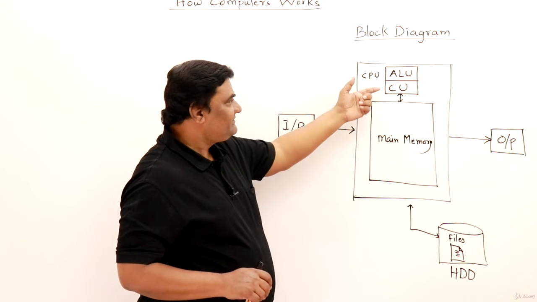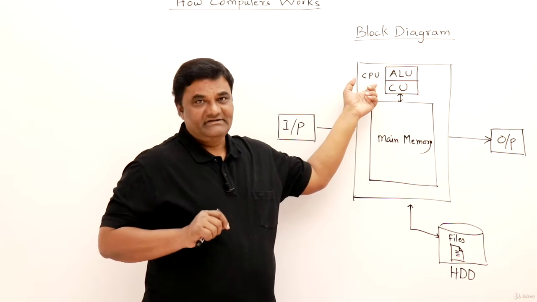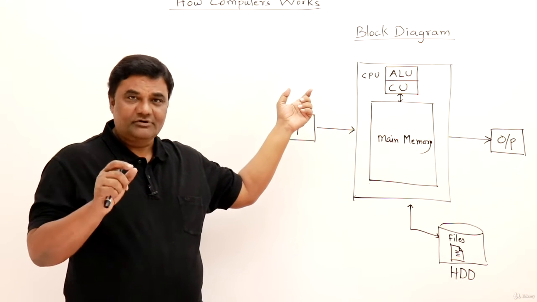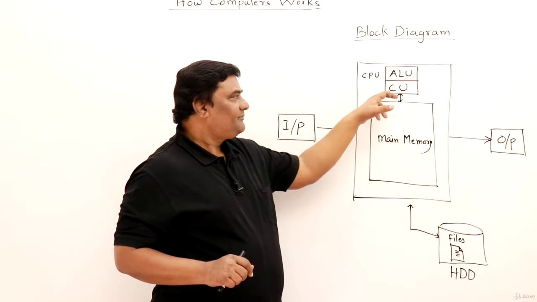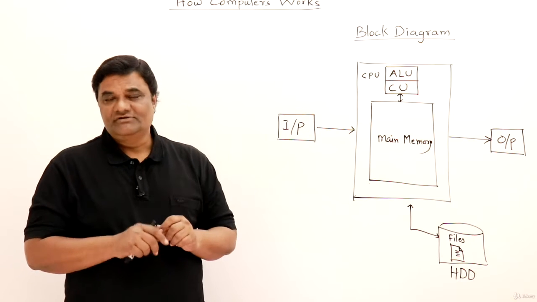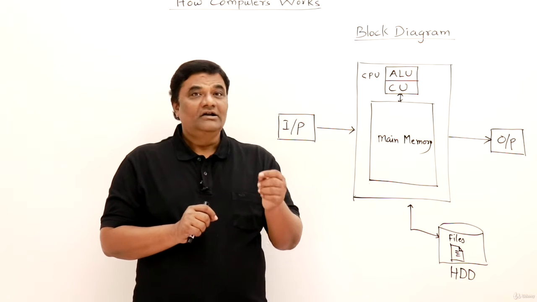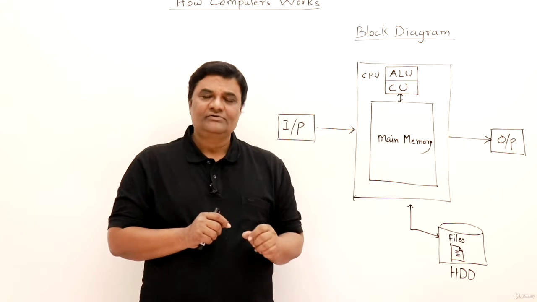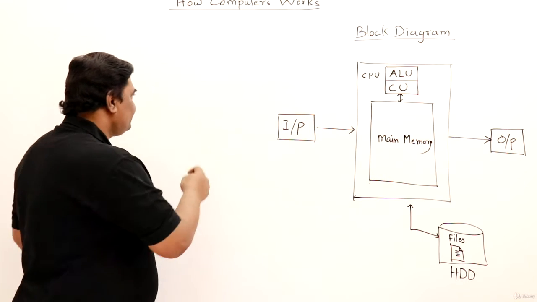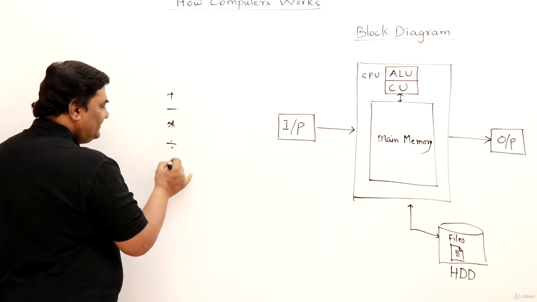The heart of the computer is the CPU, that is central processing unit or microprocessor, or if you say present day processor, that is i3, i5, i7, these processors. Now this processor will have two parts, that is arithmetic and logical unit and control unit. The arithmetic and logical unit can perform arithmetical and logical operations, basic operations. A computer can perform arithmetic operations like addition, subtraction, multiplication, division, or modulus.